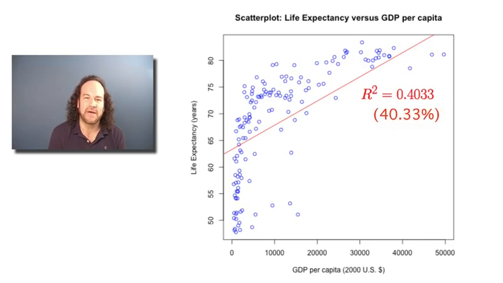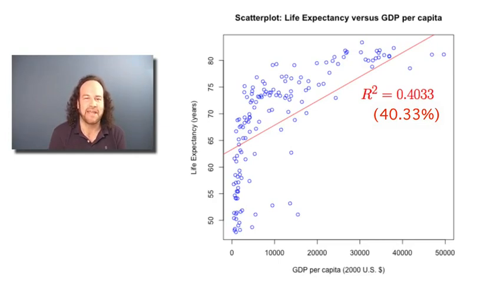So that's actually a much higher value, and it suggests that a fair bit of the variation in life expectancies in countries and territories around the world can indeed be explained by a linear relationship with the GDP per capita, or the wealth, of the different countries. And that's not so surprising. We've suspected for a while, and we've had some other evidence to suggest that indeed the GDP per capita is a fairly strong indicator of the life expectancy of a country.